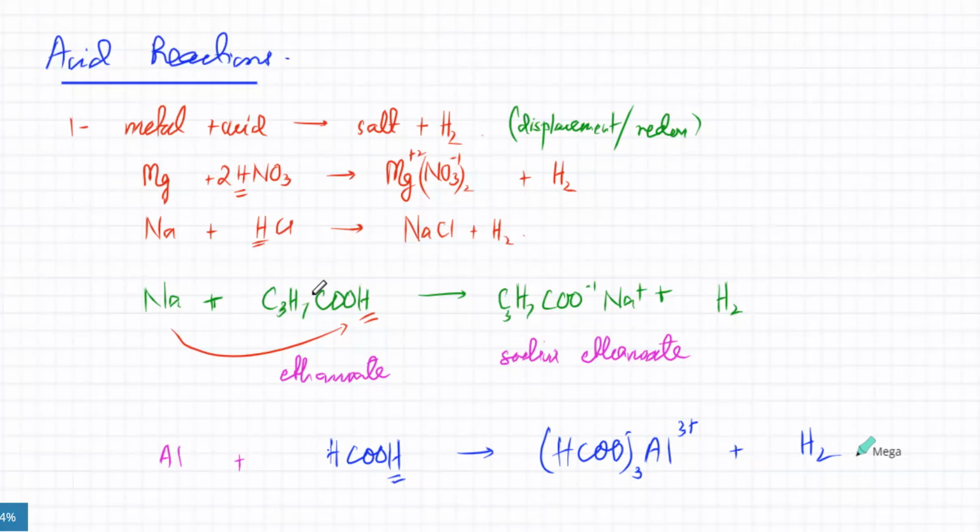Na sees a carboxylic acid and knocks out this specific H. The H on the OH next to the double bond is always this specific H. The metal takes its place. Al is going to find that H and displace it. Okay, is this clear? Yes, sir.